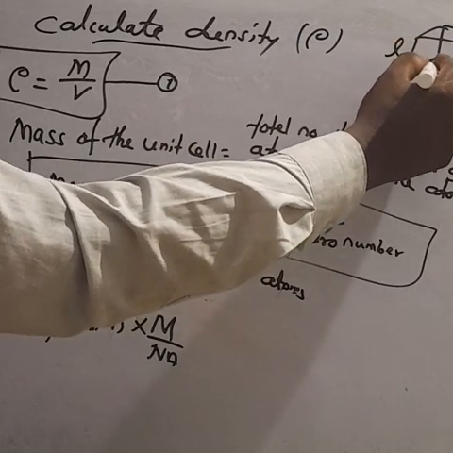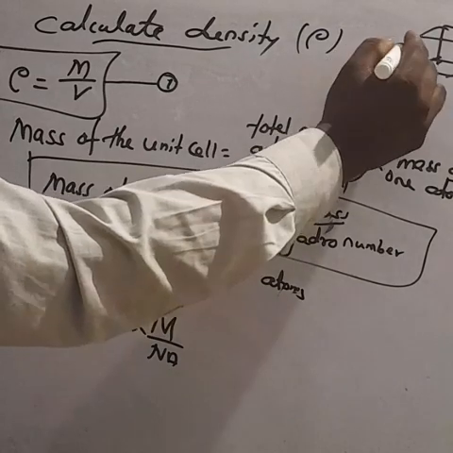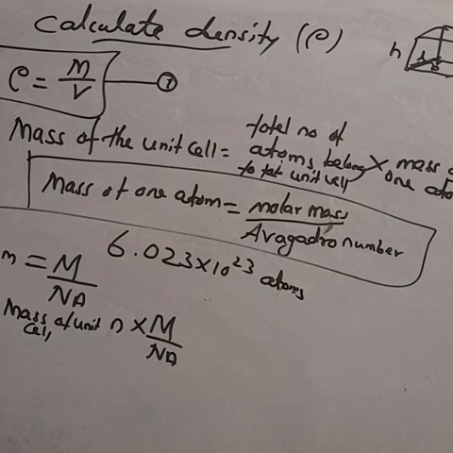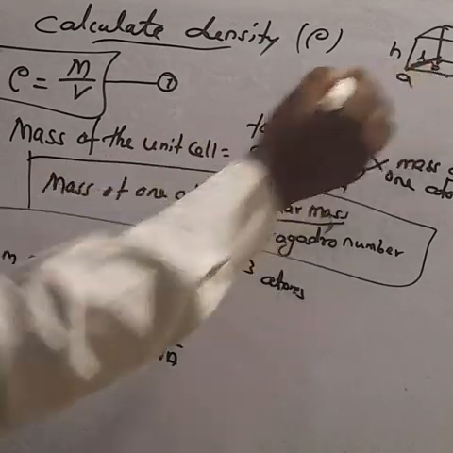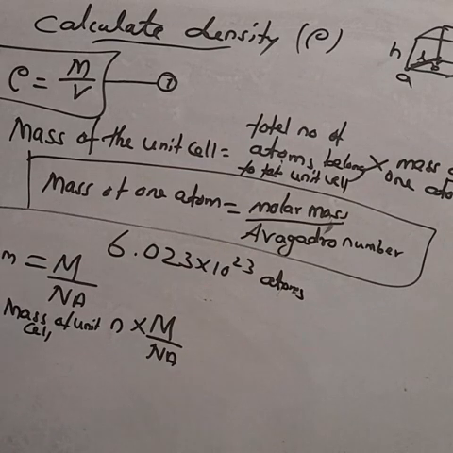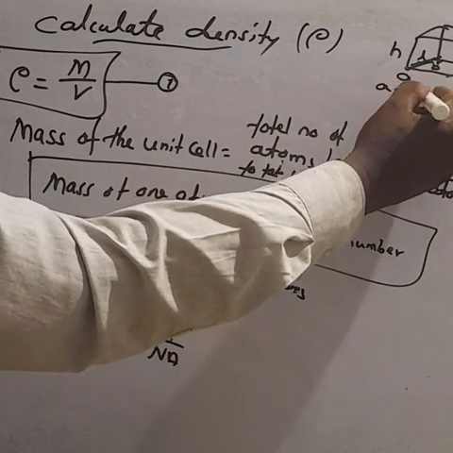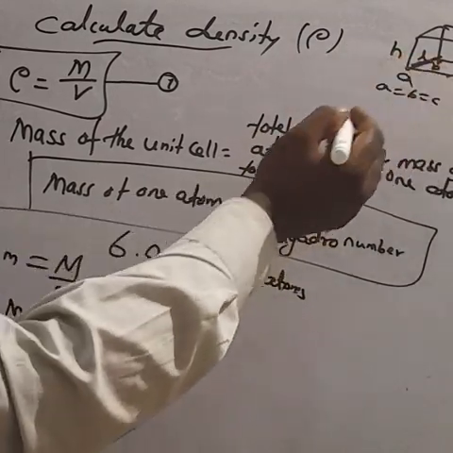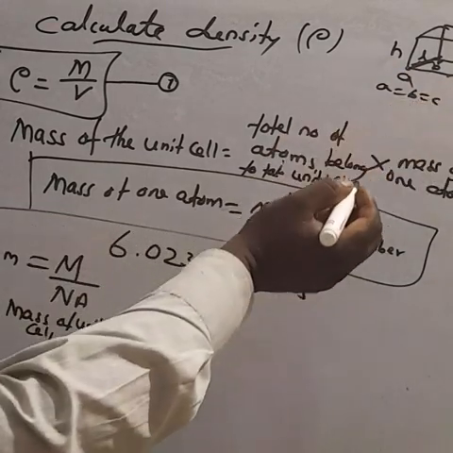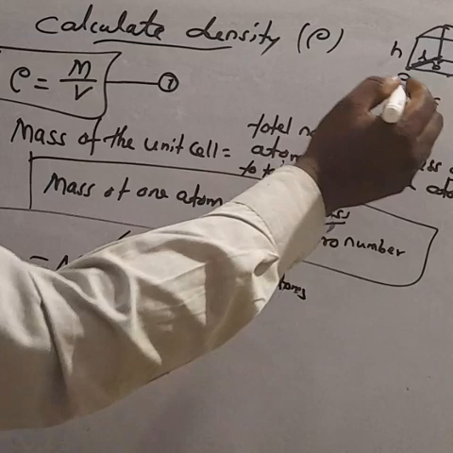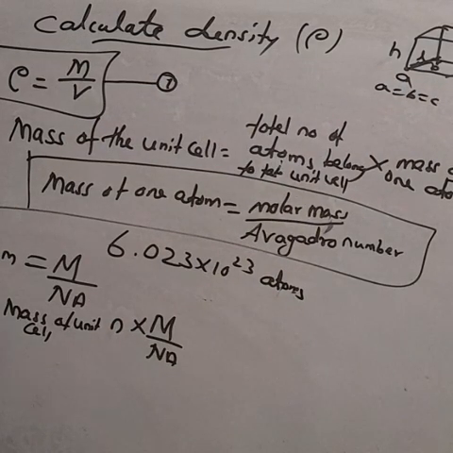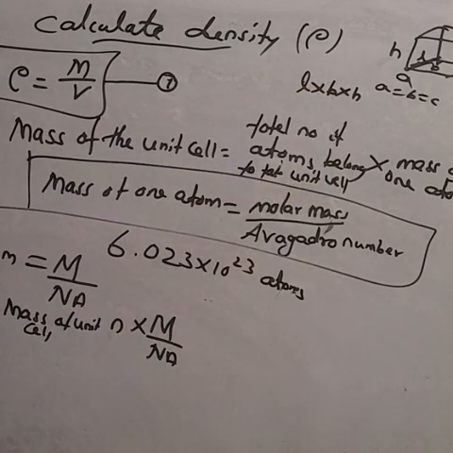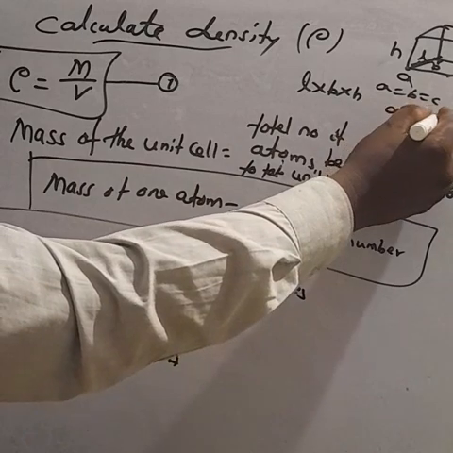The 3 edges are equal, denoted by A. Already yesterday we learned that for a cube, A is equal to B is equal to C. For a cube unit cell, all edge lengths are equal. Volume of the unit cell is equal to L into B into H, that is A into A into A, which means A cube.